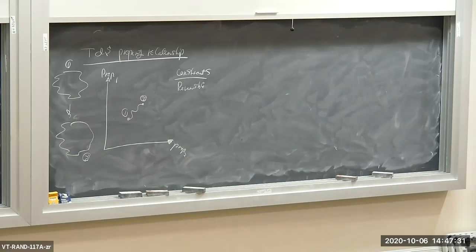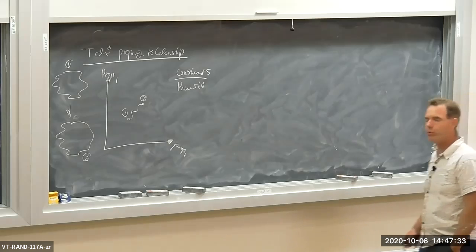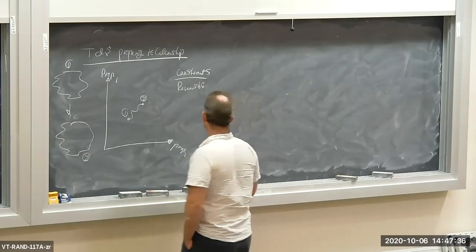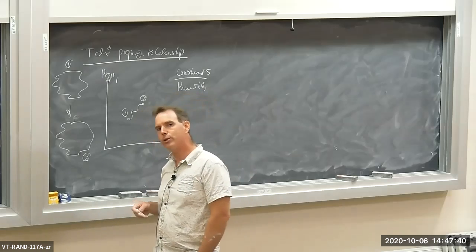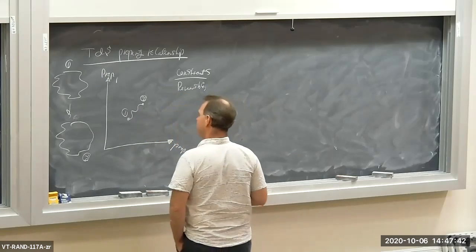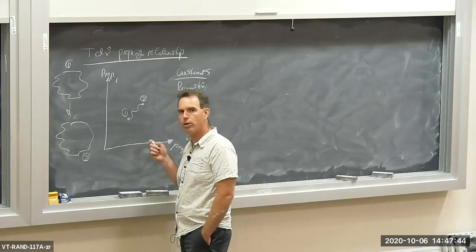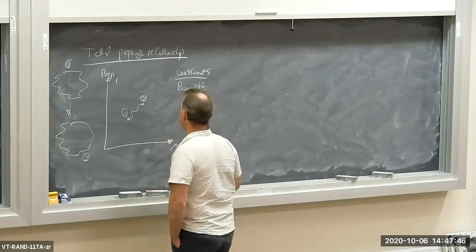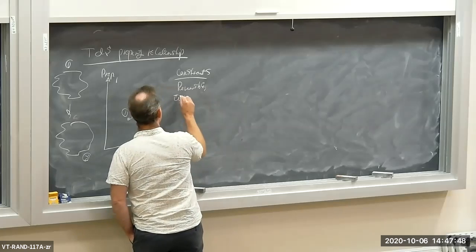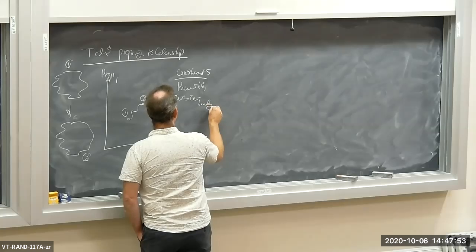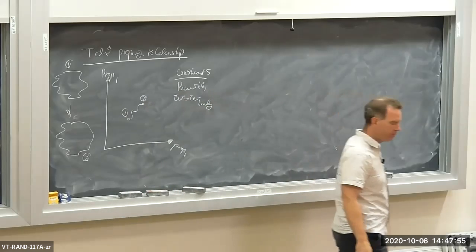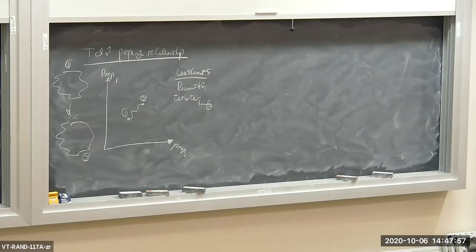So we're going to go from state 1 to state 2, and we're going to do it reversibly. I'm also going to assume or impose the constraint that any work that occurs is boundary work. So work equals boundary work, as I go from state 1 to state 2.